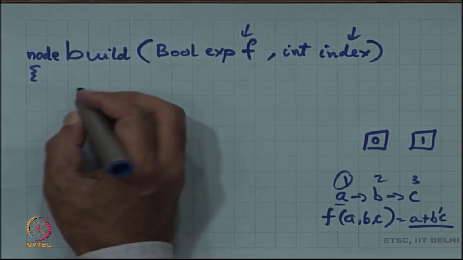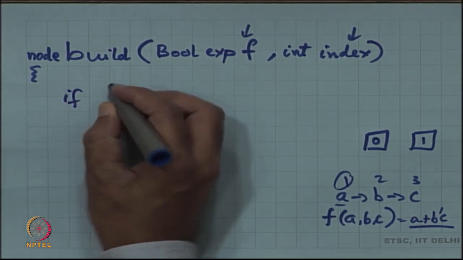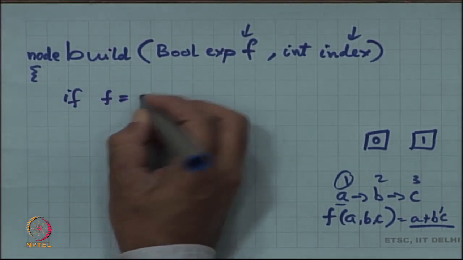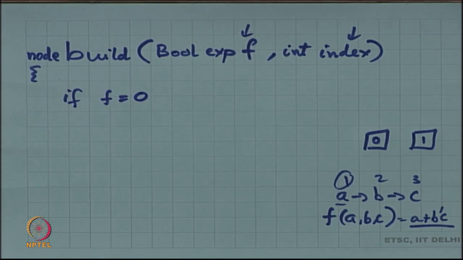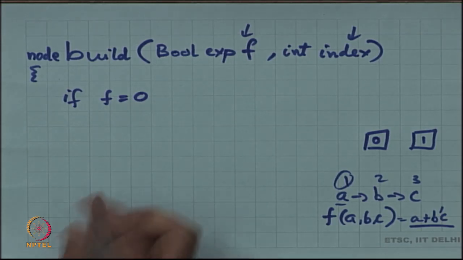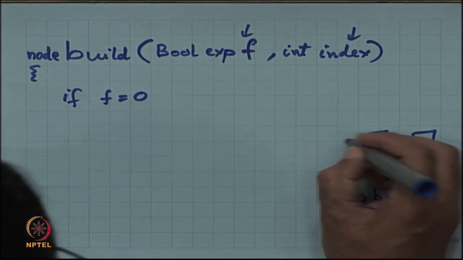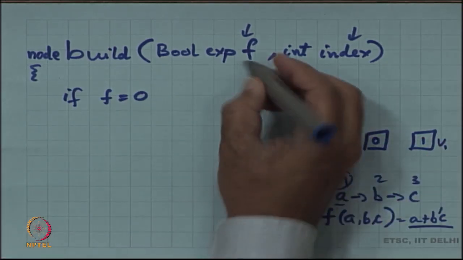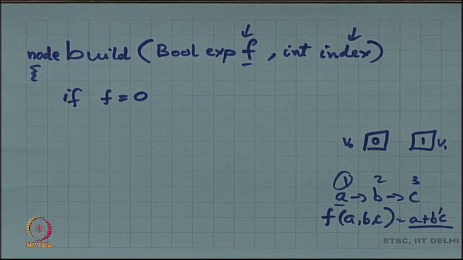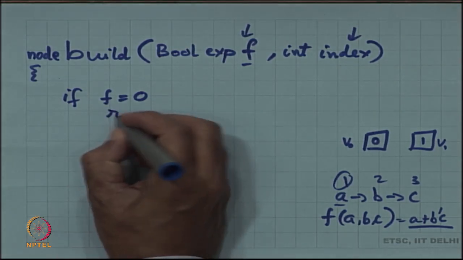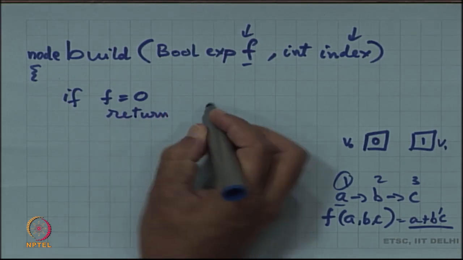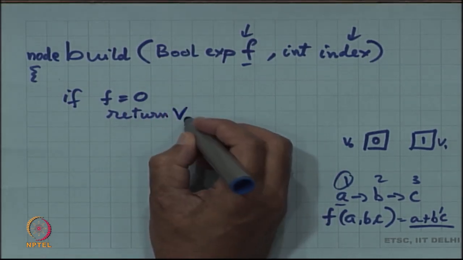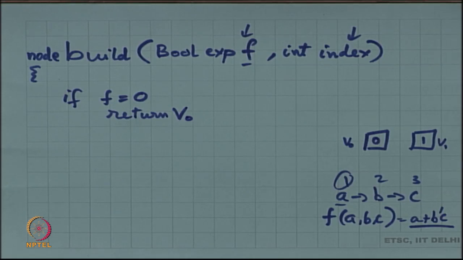So, I can say if that function itself is 0, then what should I return? These two nodes are already there. So, if the function that is passed to me is 0, then I should just return V 0, that node is already there.